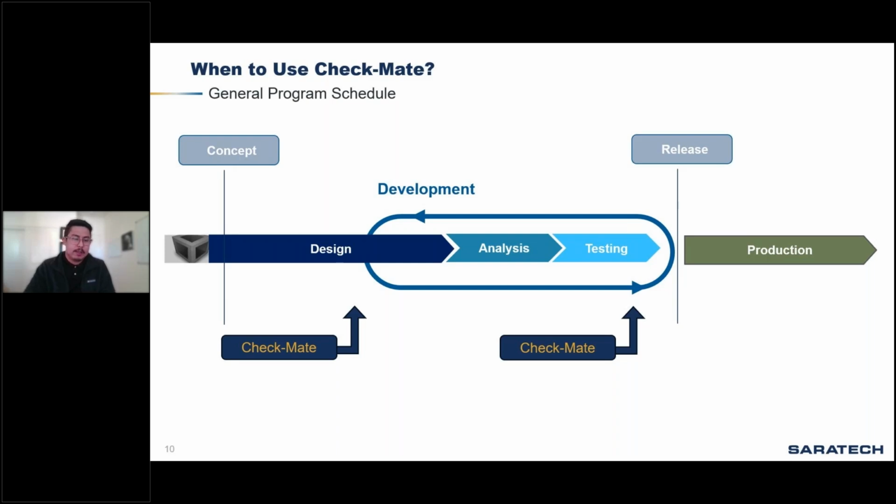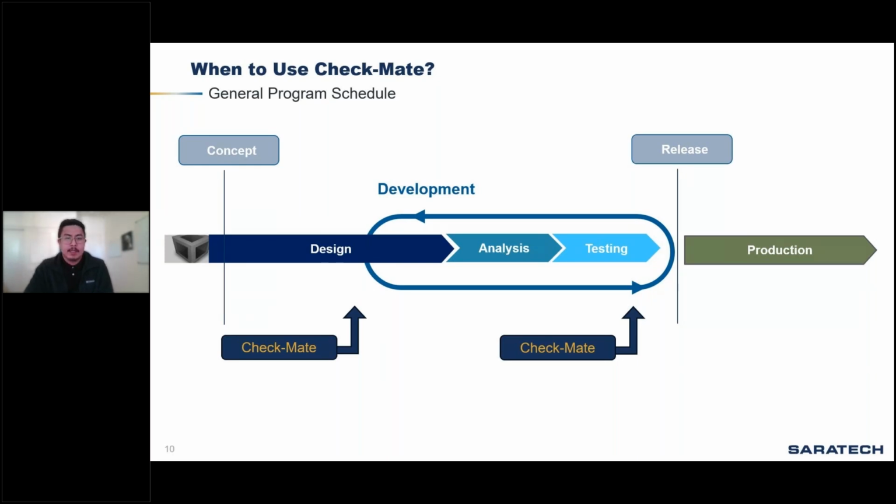So we think of using Checkmate early in the design cycle, and then of course right before we get released. So different ways you can deploy Checkmate. Once you have it in NX, it's pretty easy to just hit a button, make sure everything looks good, all your sketches are fully defined, your models are being worked correctly.